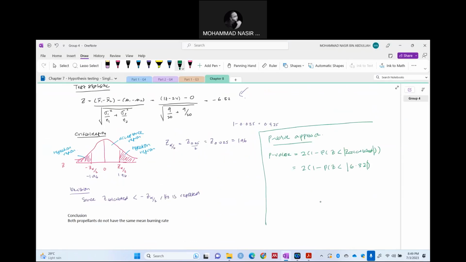So this should be 2 times 1 minus 1, equal to 0. It means it's not actually 0, but it's approaching 0, a very small number. So since the p-value is less than alpha, our alpha is 0.05, the null hypothesis is rejected. It should conclude the same for the p-value and critical value approaches.